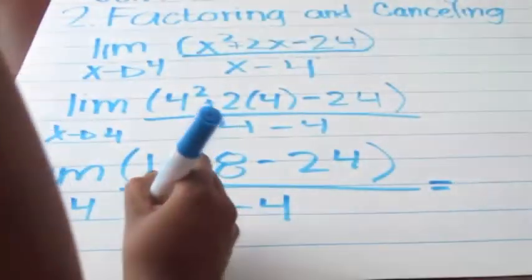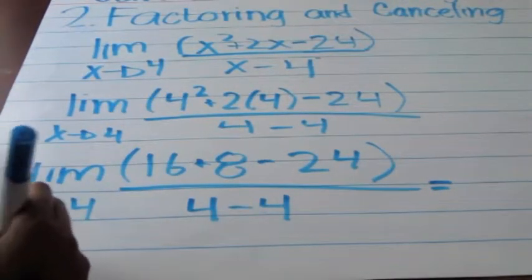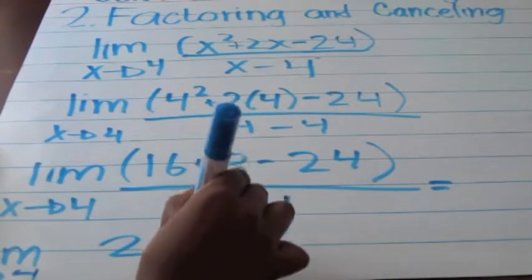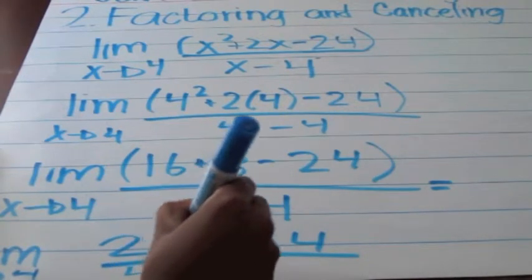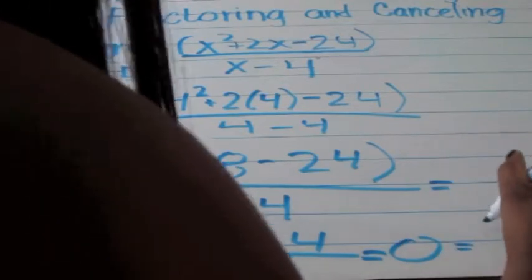That gives us 24 minus 24 over 4 minus 4, which is simply 0 over 0, which is indeterminate, and that is not good.